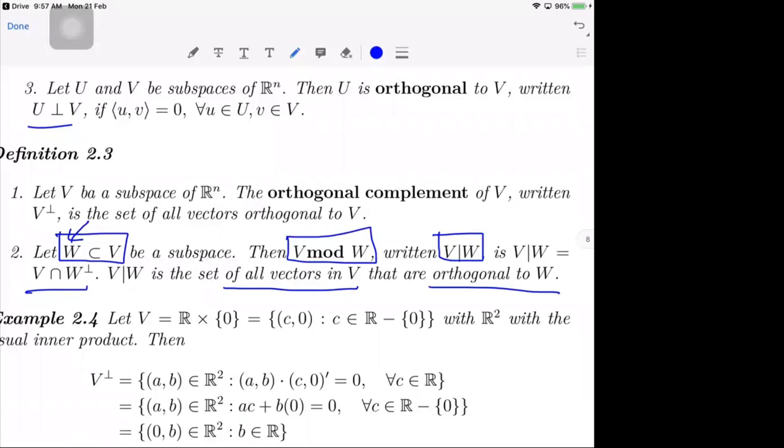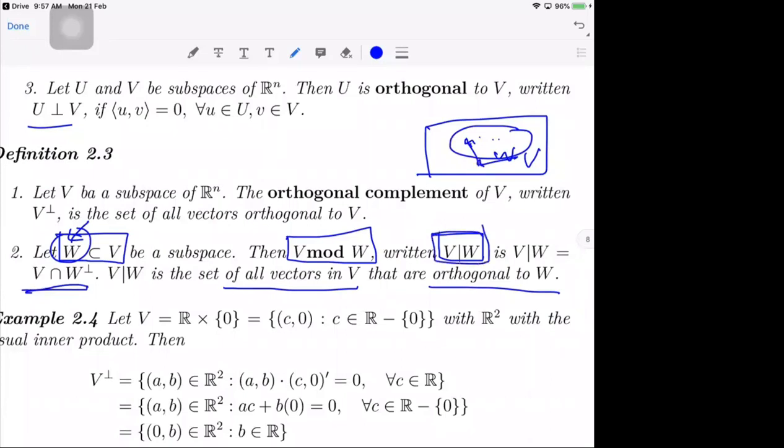The set of all vectors na nasa V. W is a subset of V, na siya diha sa V. Katuta ng set dinhi na W na orthogonal sa tanang element sa V. For example, kung naa siya sa W, then naa siya sa V mod W, or naa siya sa V intersection W perp.